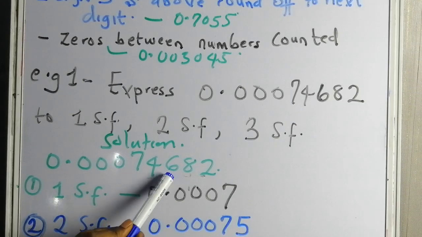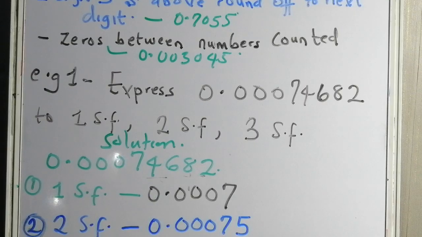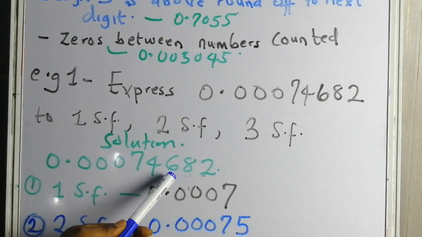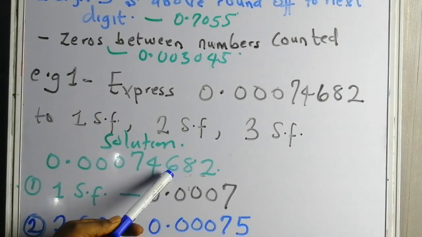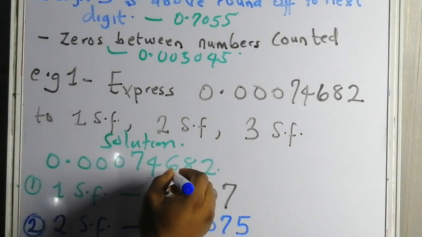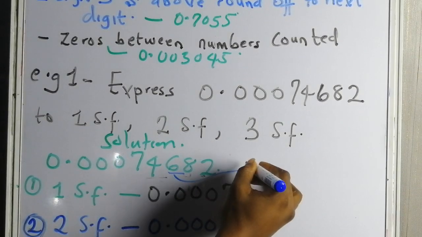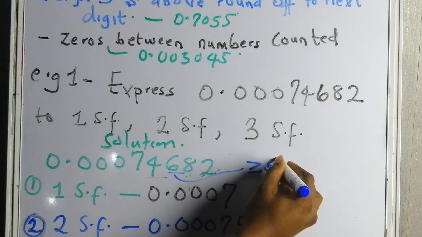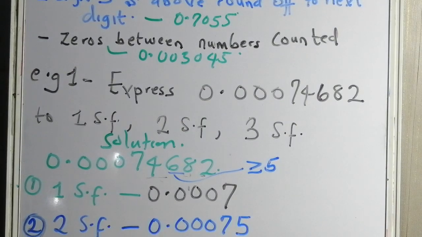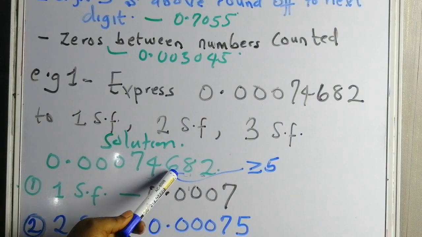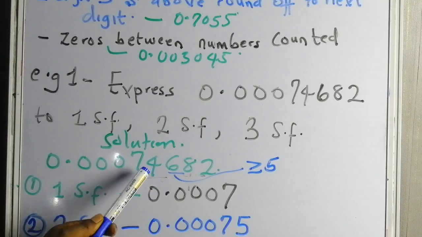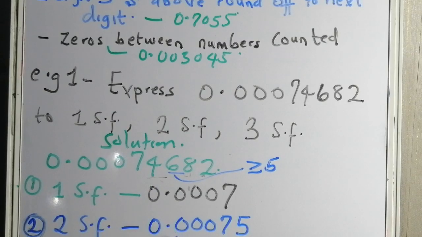If you look at the 6 you have here, the 6 is greater than or equal to 5. Then it means that you approximate 4 up. That is why we are having 0.00075. Instead of writing 4, you will write 5.